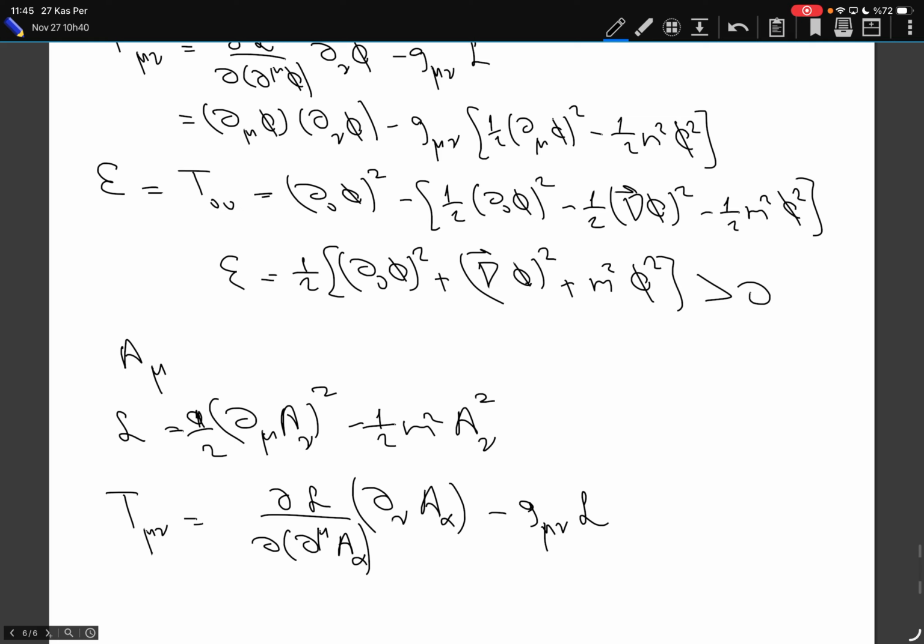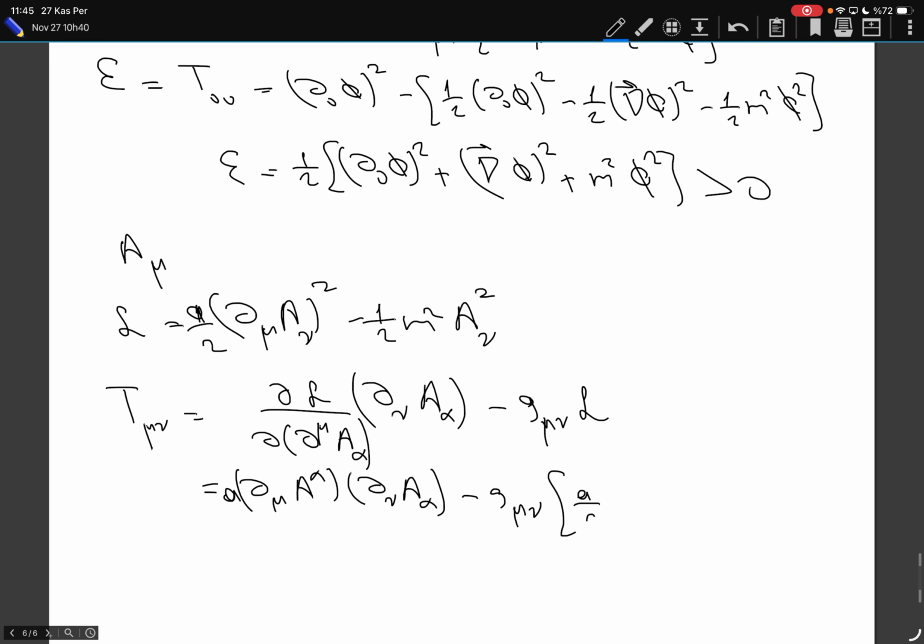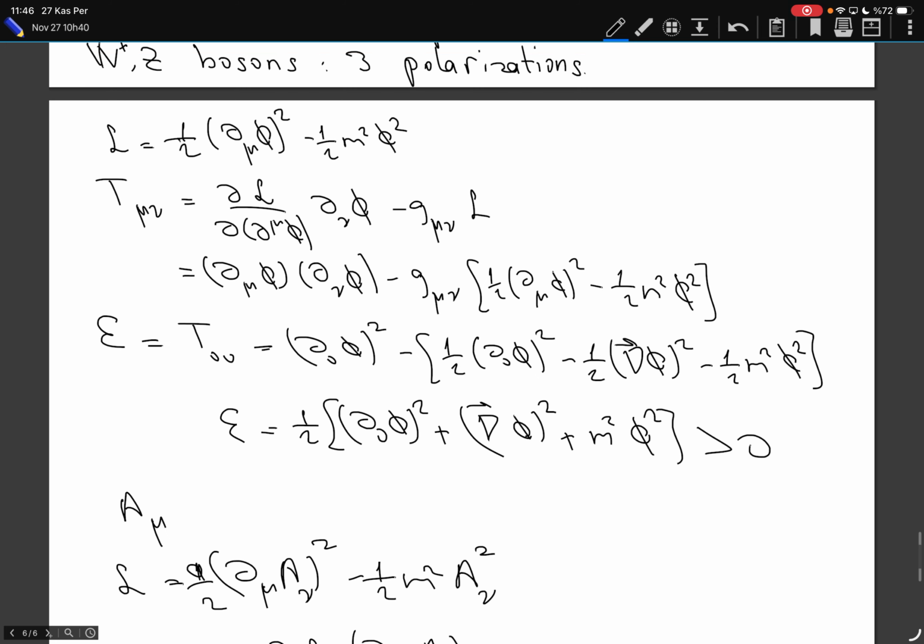I'm summing over alpha. I have 4 fields, so I have to sum over all of them, which will be del mu A alpha times del nu A alpha minus g mu nu times 1 over 2 del mu A nu. Let me correct my notation. This mu is a different mu.